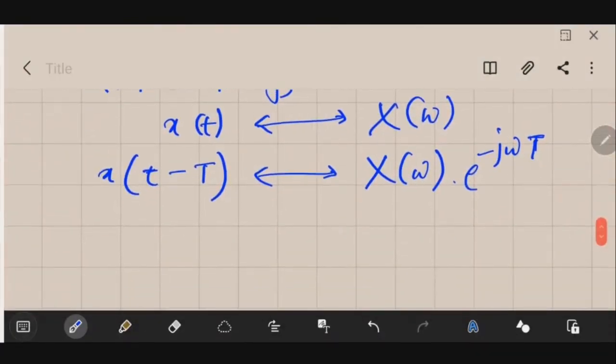So let us prove this property. We have written this property, let us prove it. So proof.